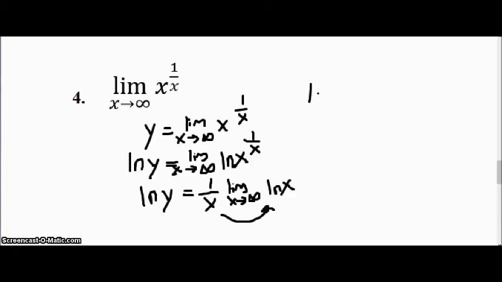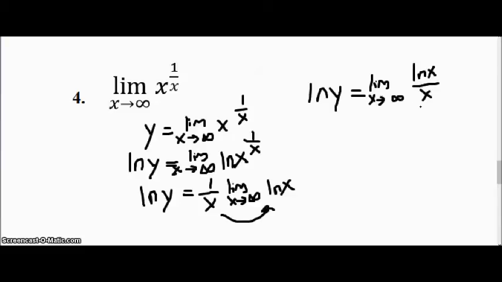So now we have natural log of y is equal to the limit of x approaching infinity of ln x over x. I simply combined these two functions. And now we have ln of y is equal to this limit.